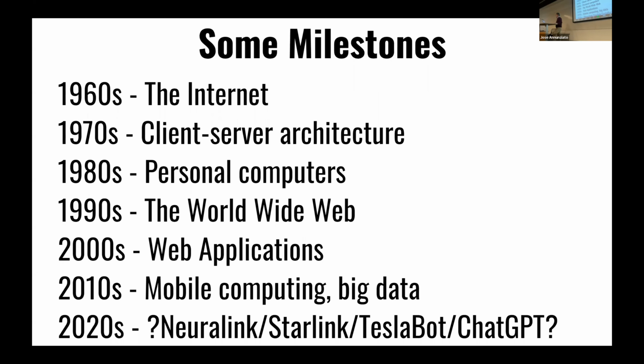All right, so just a couple of historical milestones. In the 60s, obviously, we have the evolution of the internet. Then in the 70s, there were a lot of iterations on the various roles of these computers connected to this network.